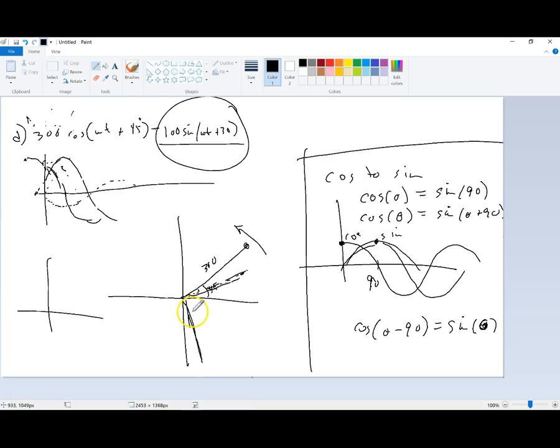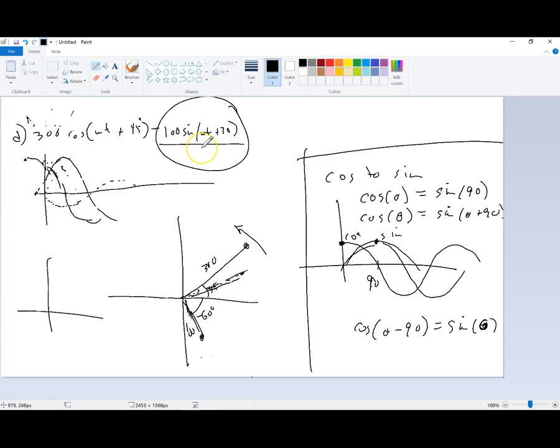We said 30, right? This should be minus 60 degrees. It's more like minus 70 in my drawing, but it should be minus 60 degrees. And it should have a magnitude of 100. Okay? And unfortunately, that's positive. We actually have to negate it as well if we're going to add these things together.